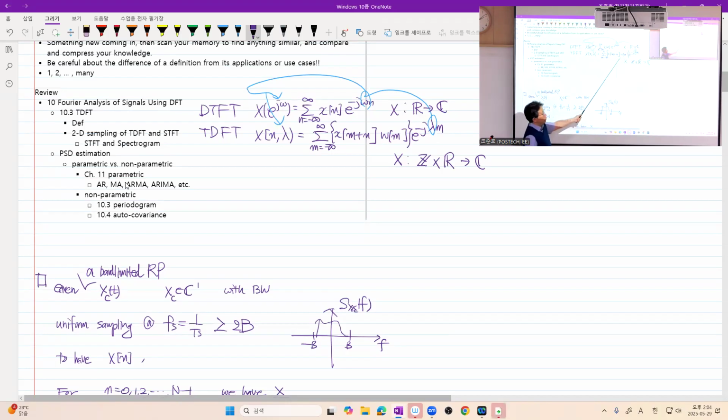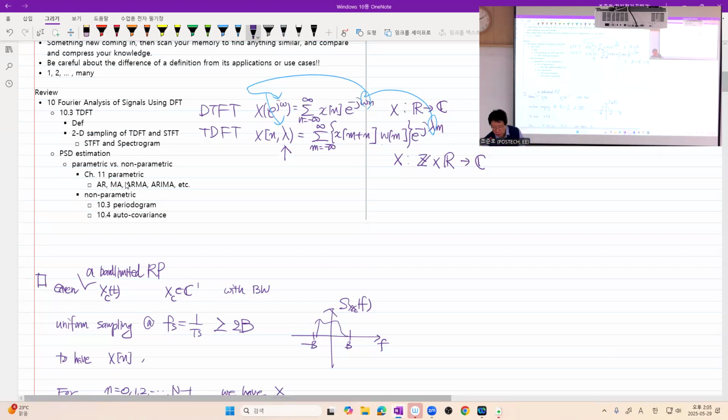Got it? So the time-dependent Fourier transform is a special case of the discrete time Fourier transform. But since we have a window function and some proper time advance, we have two parameters. Now, this DTFT can be sampled because for lambda, we have uncountably infinite choices. And again, if w of m is of finite duration, then we may apply not the DTFT, but the DFT to evaluate this function at some discrete points.